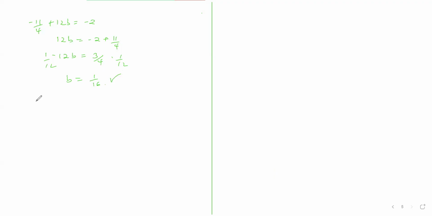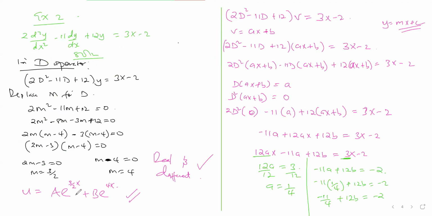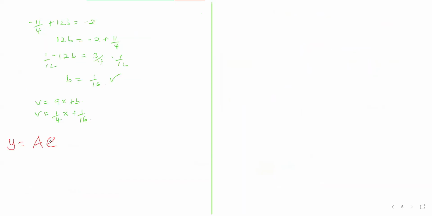So therefore your v part, which was generally represented by ax plus b, what is your value of a? So your v will be 1 over 4x plus 1 over 16. So that will be your v. So therefore our general solution y will be given by a exponent, here we had 3 over 2x, and b, so 3 over 2x plus b 4x.